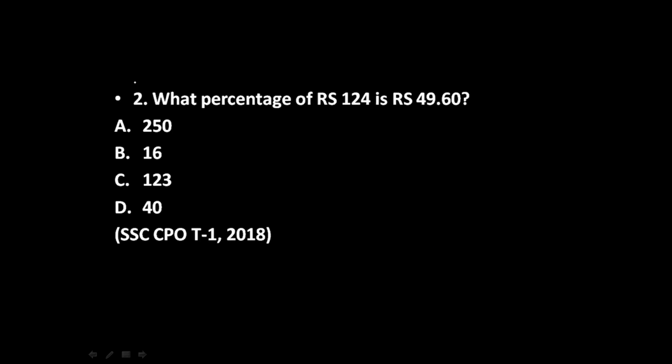Okay, next is what percent of rupees 124 is rupees 49.60. So how will you solve this kind of questions? Percentage can be calculated in this way. How? What we have learned, that we have to get the ratio.